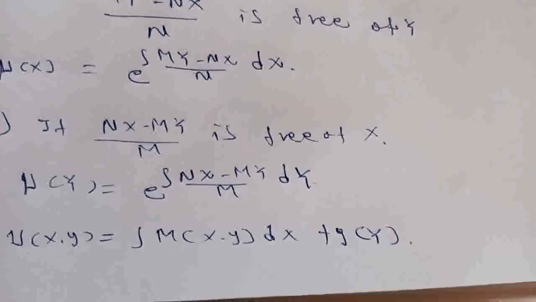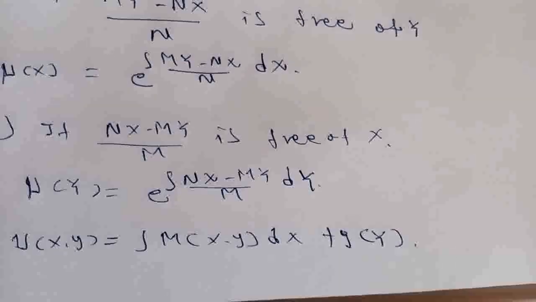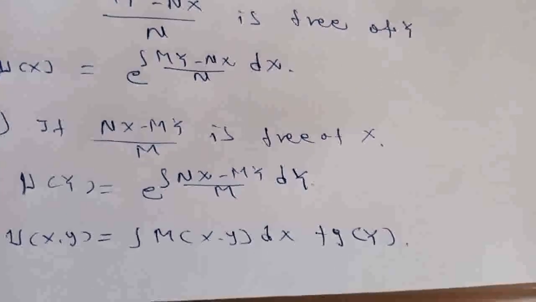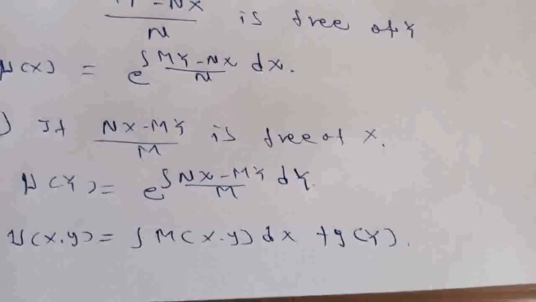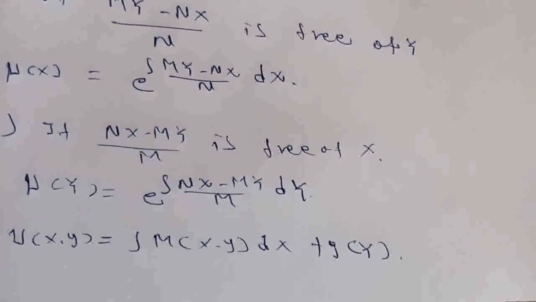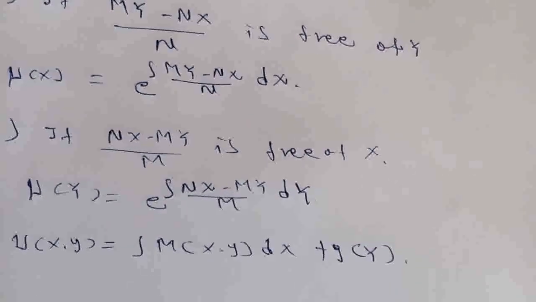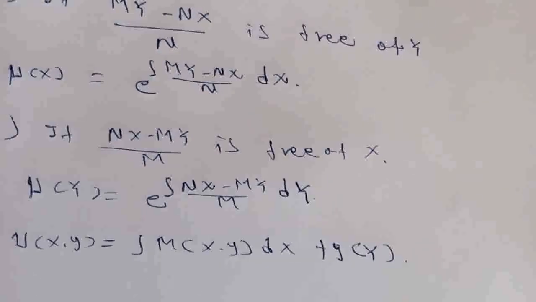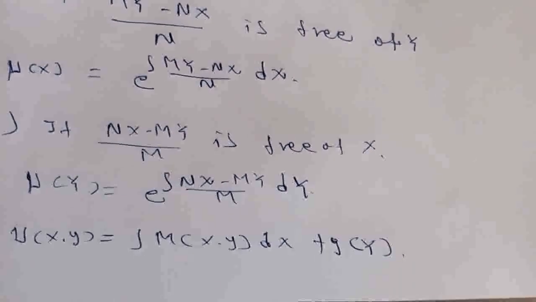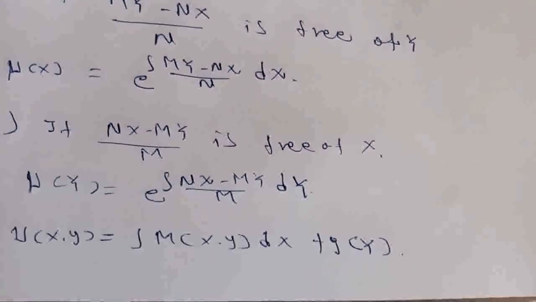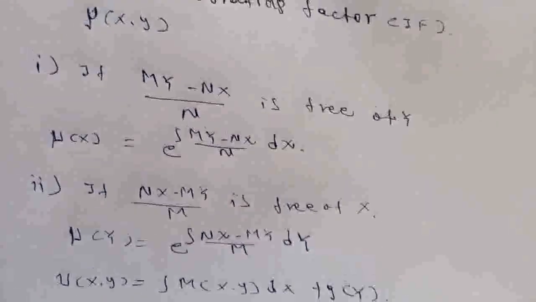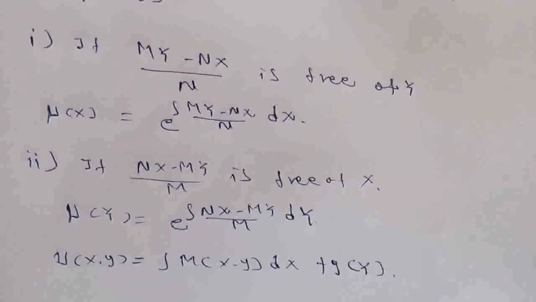That is, the partial derivative of u with respect to y equals the partial derivative of the integral of M of x,y dx with respect to y plus g prime of y. Then we get g prime of y equal to N of x,y minus the partial derivative with respect to y of the integral of M of x,y dx. This is simply the solution of an exact differential equation.